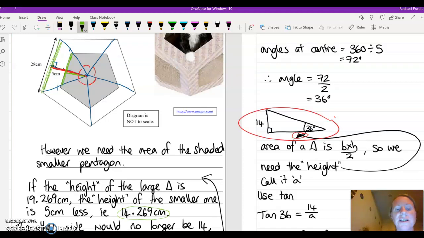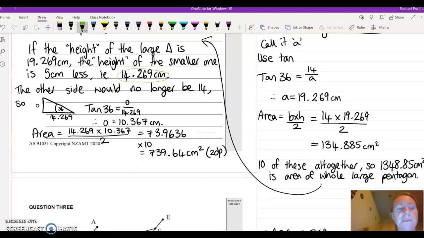You've got 36 in your angle here. We've got 14.269 as the height of it, but we don't actually know this last length here. So use tan again. This time you're using it in the opposite ratio, and you're going to end up with 10.367. Then you can do your area: 10.367 times your 14, divided by 2.